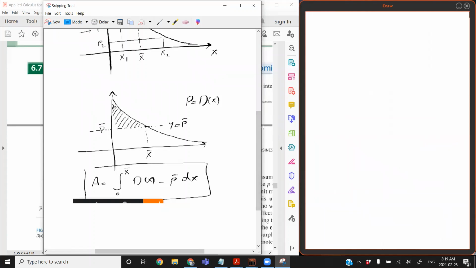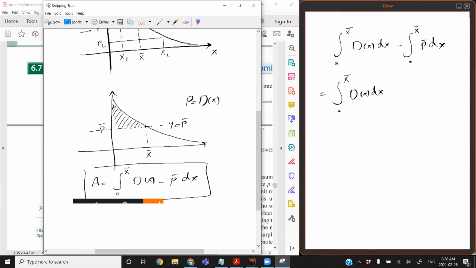Okay, so that's going to be the integral from 0 to x bar of D of x dx minus the integral from 0 to x bar of p bar dx.